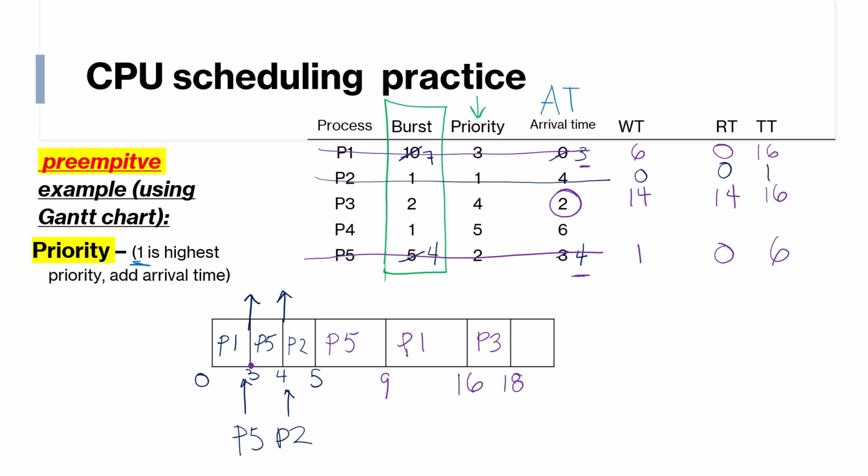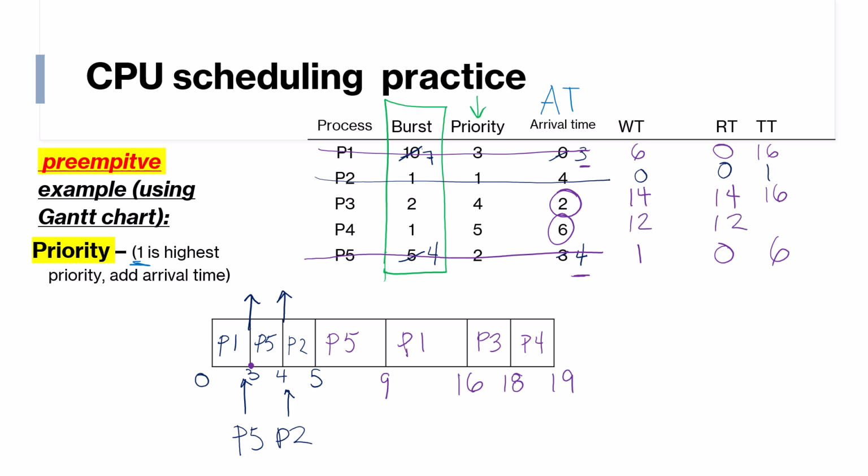Then our last process to go, lowest priority, is P4. P4 has a CPU burst of 1 time unit. To double check this, you can add up the CPU bursts: 10, 15, 16, 19. So that checks. We have 100% CPU utilization. To get P4's wait time, P4 arrived at time 6 and waited 12 time units, which is also the response time.